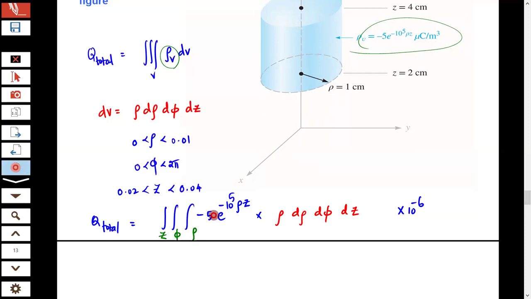This triple integral has to be evaluated first, taking one variable and integrating, applying the limits, will give the integral value for that variable. Then we can perform integration for phi, then we can perform integration for z. So when you look at this expression, it has rho multiplied with exponential term.